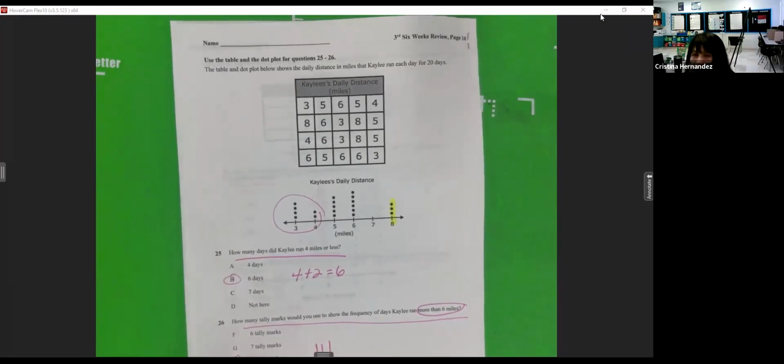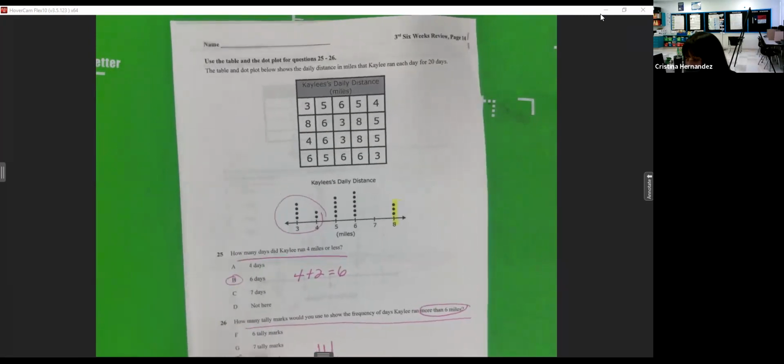Okay, I need you to get a piece of paper then, and I need you to try some of these problems tonight as homework. All right, you have your piece of paper ready? I'm going to tell you what numbers to try on your review. 1 and 2, 5.